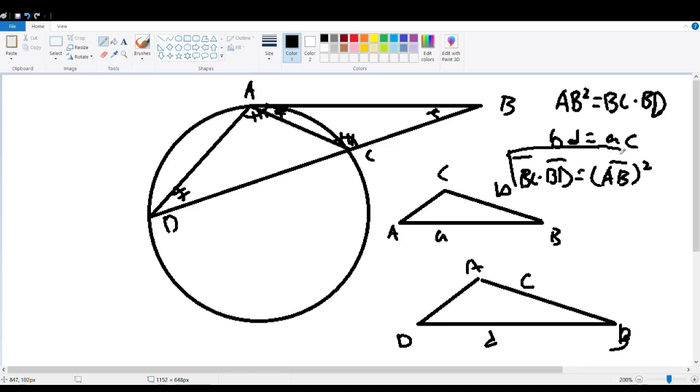And that proves the secant tangent theorem.